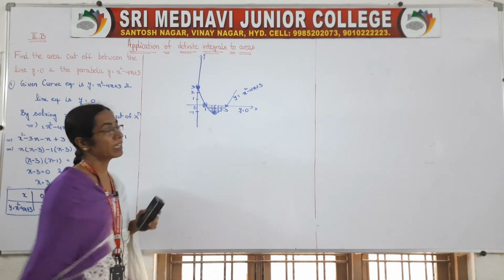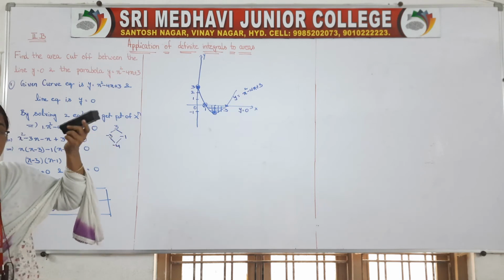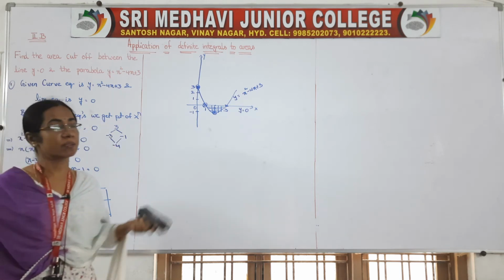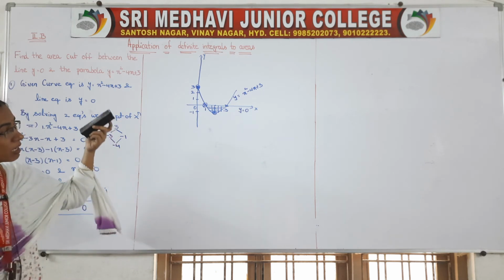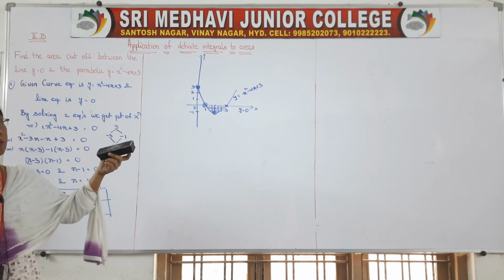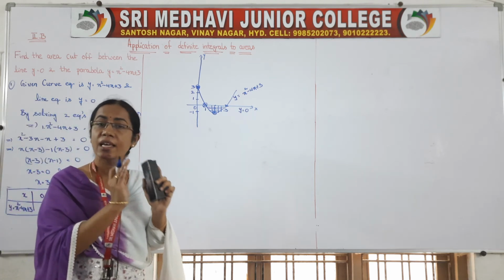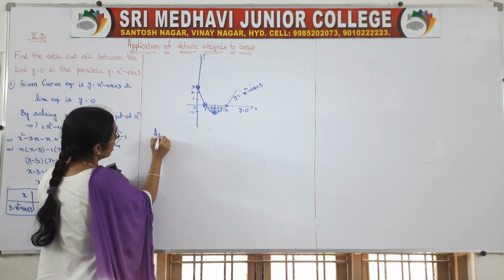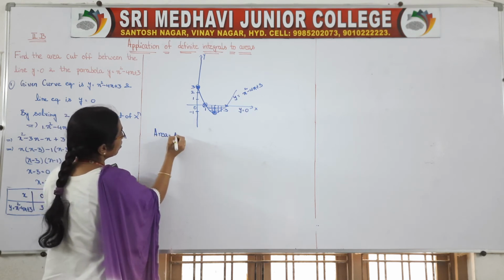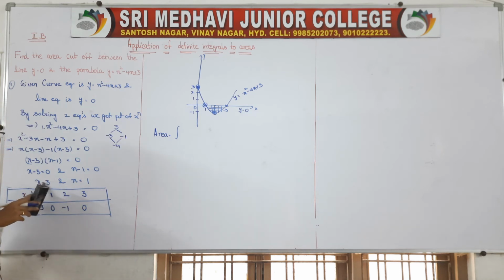Observe that the area is below the x-axis. Whenever the area is below the x-axis, we have to take the curve equation as negative. So now your area is equal to, the x values we got as 1 to 3.